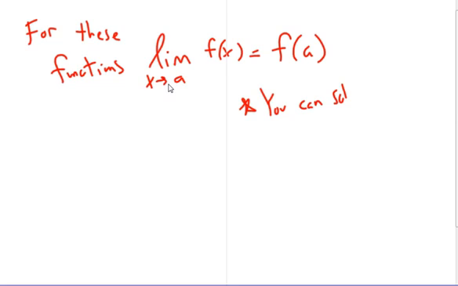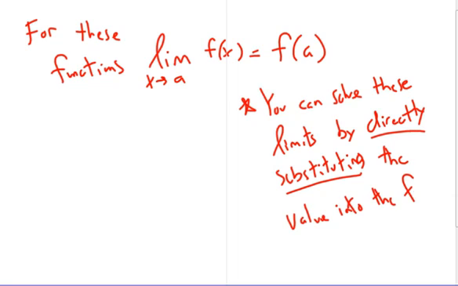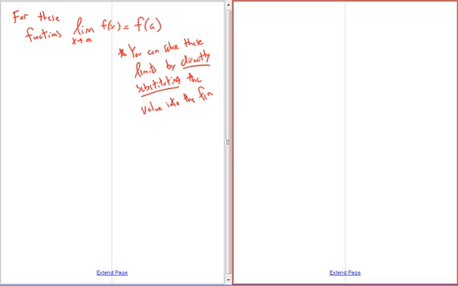But sometimes they do approach the same thing, or the left side approaches what the actual value is. And if that's the type of function you're dealing with, you can solve those by what we call direct substitution, or directly substituting a into x, and that is really nice. We like that. So directly substituting the value into the function.